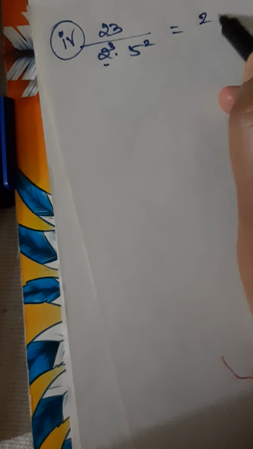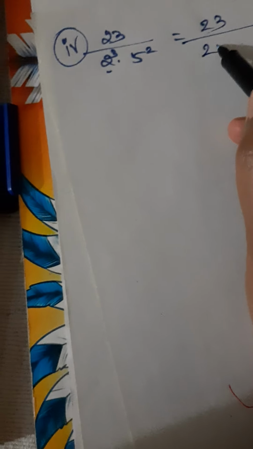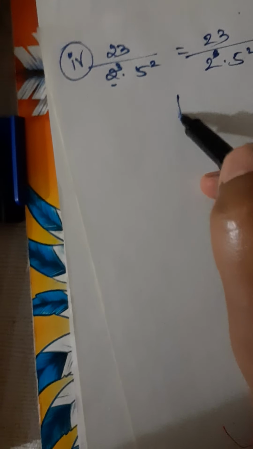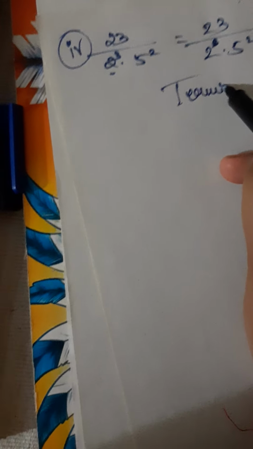By seeing this only, we can directly write it as terminating, because it is in the form of 2 to the power a and 5 to the power b. So 23 divided by 2 to the power 3 and 5 squared is automatically terminating.